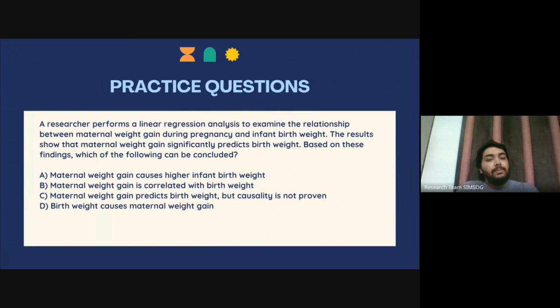Next question. A researcher performs a linear regression analysis to examine the relationship between maternal weight gain during pregnancy and infant birth weight. The results show that maternal weight gain significantly predicts birth weight. Based on these findings, which of the following can be concluded? Anybody can try, just unmute and tell.